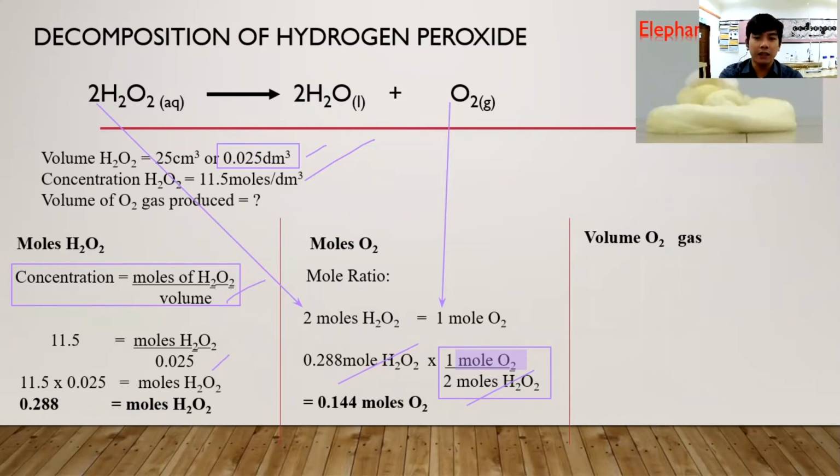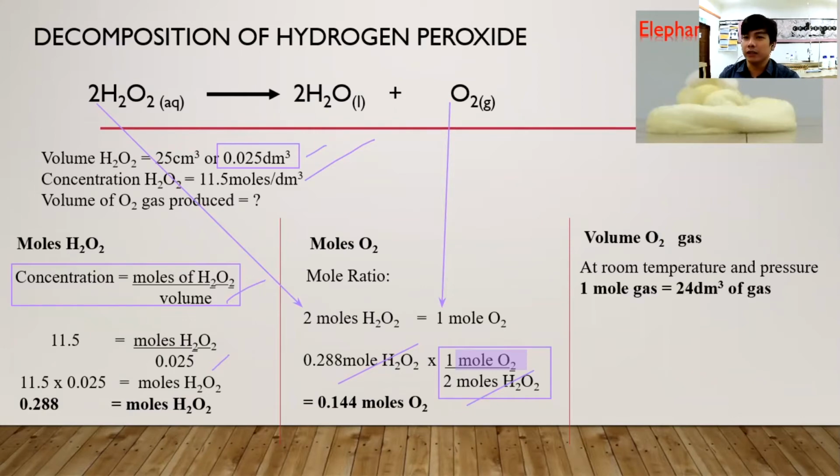The next one is the volume of oxygen gas. So how do we identify the volume of oxygen gas? Always remember this, class. At room temperature and pressure, 1 mole of gas is equal to 24 decimeters cubed of gas. Sometimes you will see in the question, it is RTP.